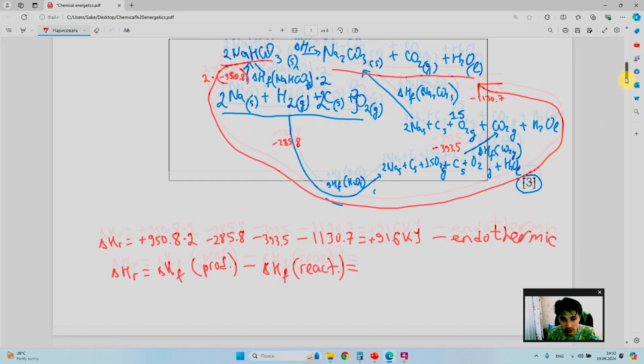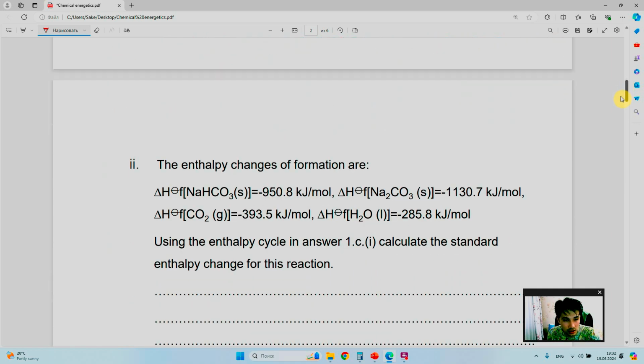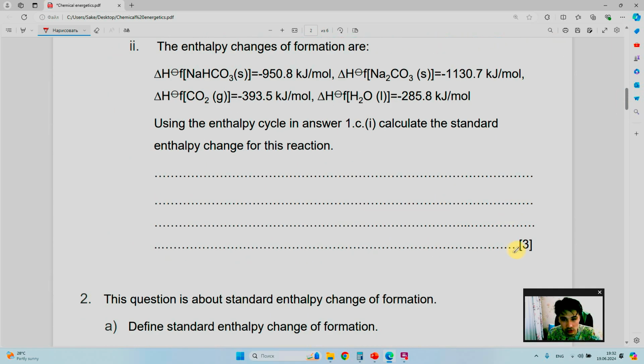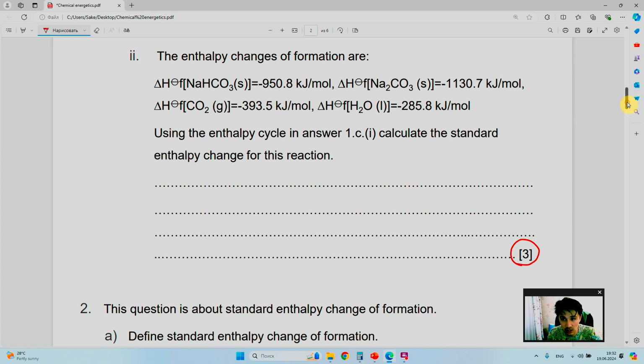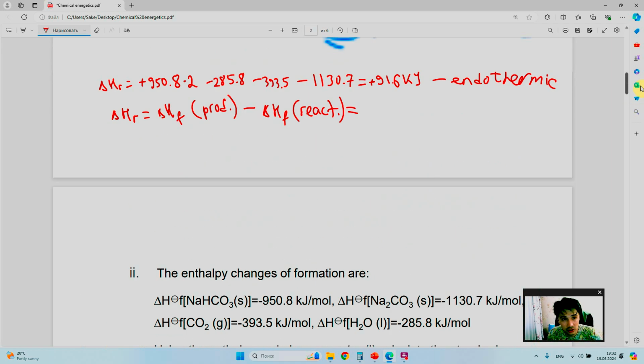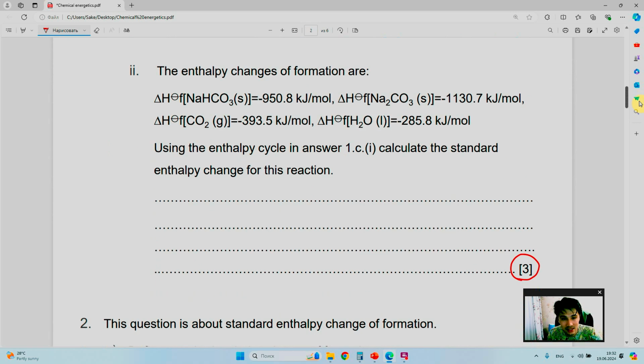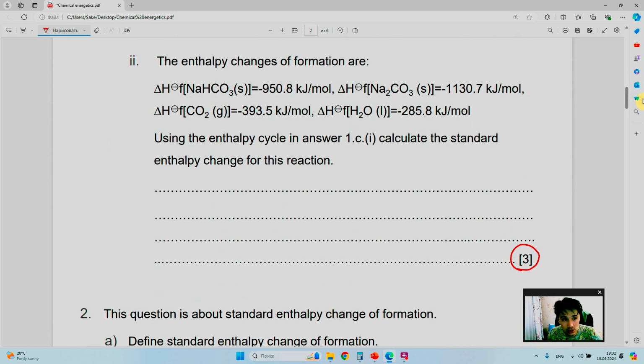All right, so this must be done here, and this gives you 3 marks. 1 mark probably for taking those values in and subtracting them in the appropriate way, as I did here. The 2nd mark is for units, and the 3rd mark probably for your routine calculations.